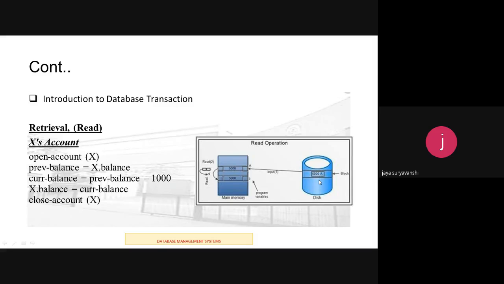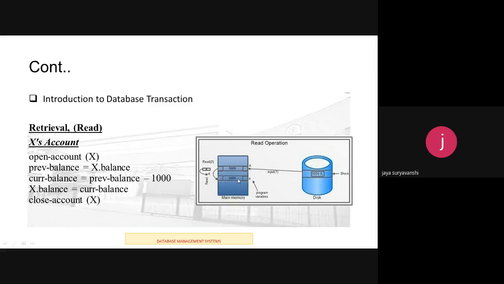It is first brought into the main memory from the disk using input operations. Then its value is copied into the variable a, as shown in the figure. We are fetching the data from the permanent storage, and after this read operation it is transferred into main memory through the variable a. This is how the read operation is performed.